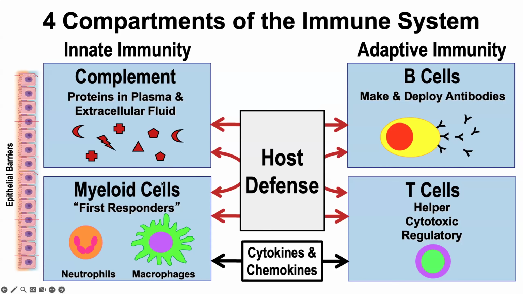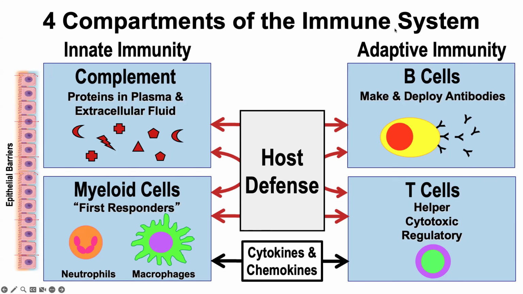These are oftentimes the phagocyte type cells, like neutrophils, monocytes, macrophages, and dendritic cells. As part of this compartment, the barriers that we have in our body are really important. Your mucosal barriers and your skin keep pathogens on one side of the fence and keep everything else on the other side, and play an important role in the innate immune response.